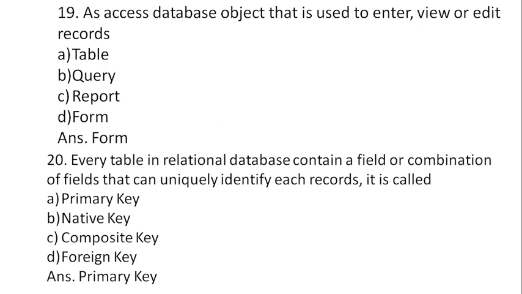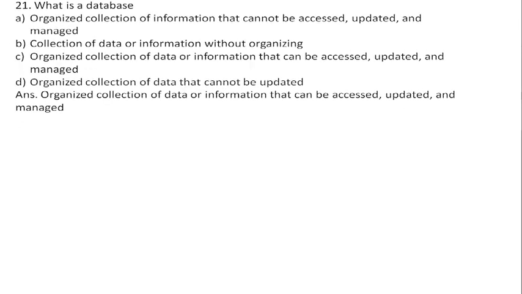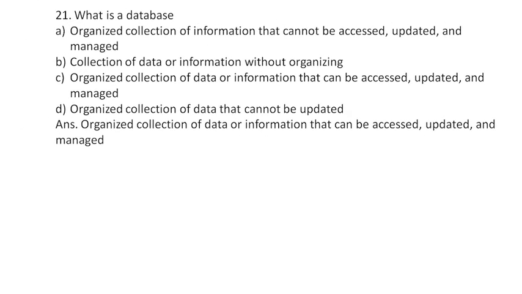Next, every table in relational database contain a field or combination of fields that can uniquely identify each records. It is called, answer দেখতে পাচ্ছি বলছে primary key. Next, what is a database? Answer holo organized collection of data or information that can be accessed, updated and managed.